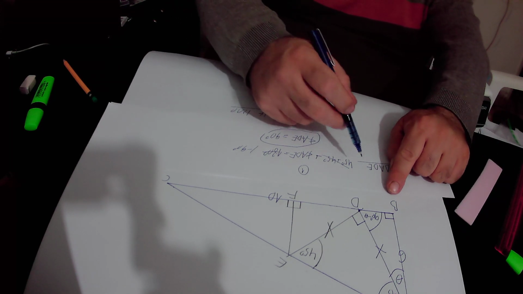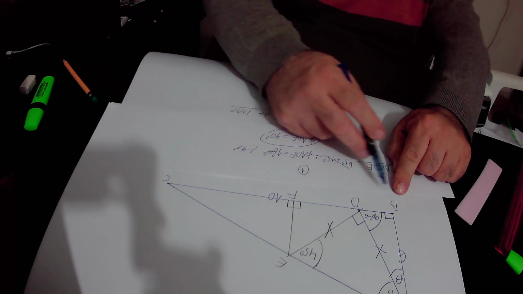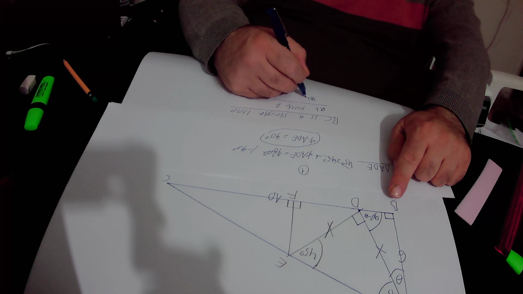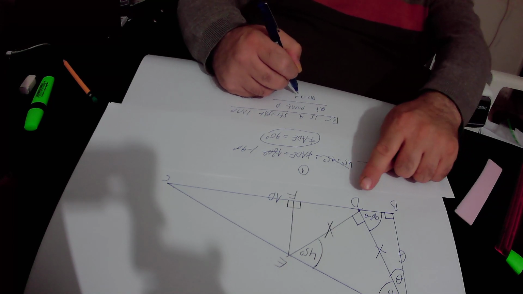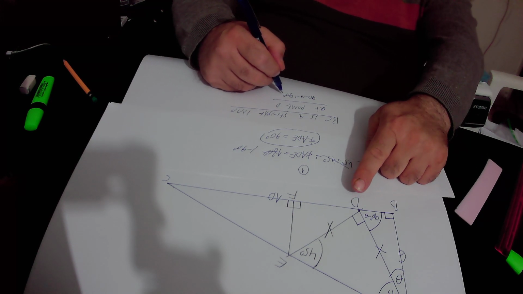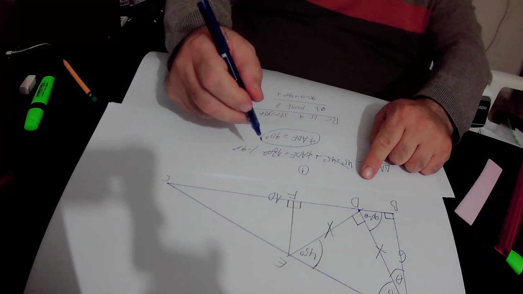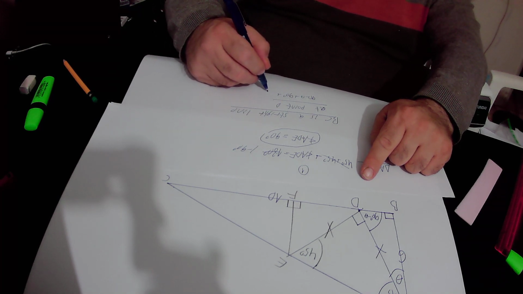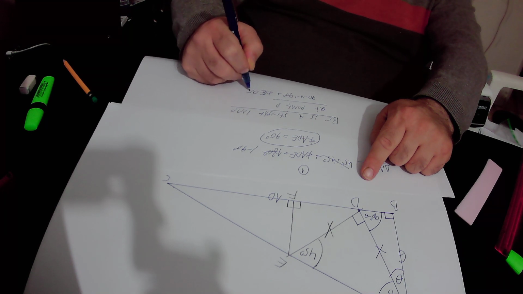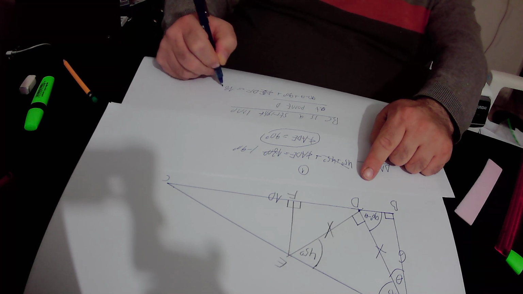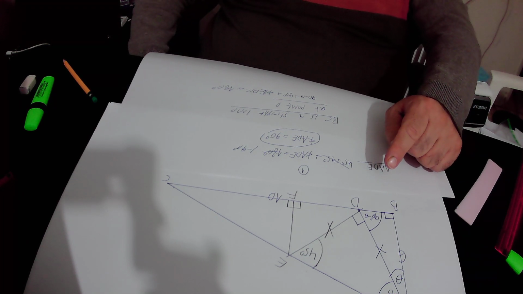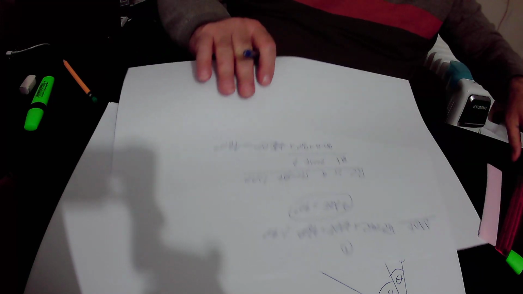Which angles do we have on the upper side of BC at point D? We have here 90 degrees minus theta. And we also have here an angle that is equal to 90 degrees. And we have the missing angle that is actually angle EDF. In total, the sum of those three angles must be equal to 180 degrees, according to the rule that the sum of the angles on one side of a straight line is equal to 180 degrees.